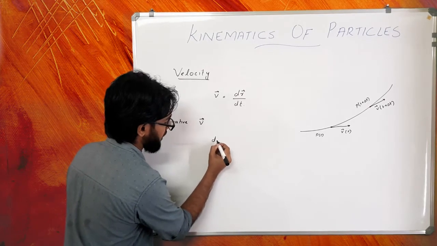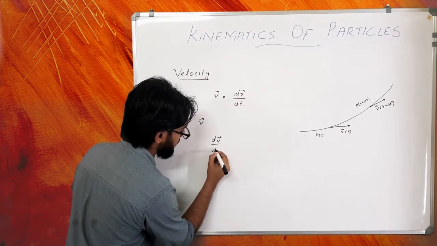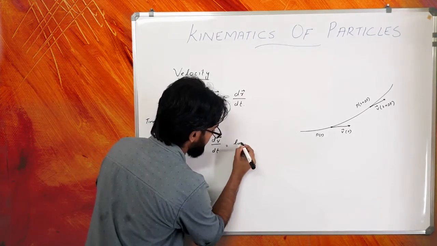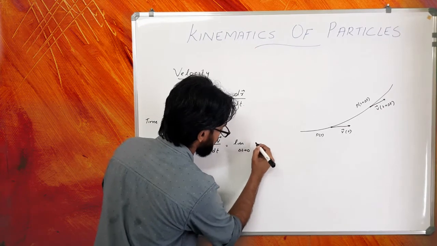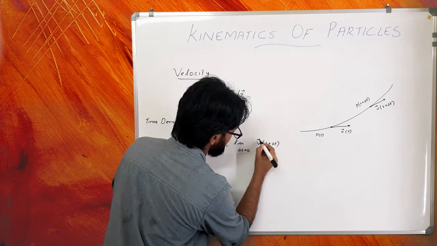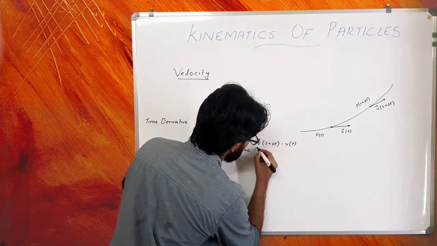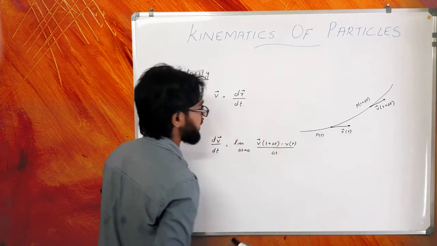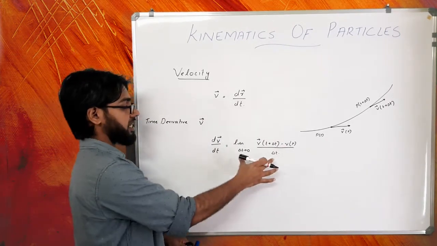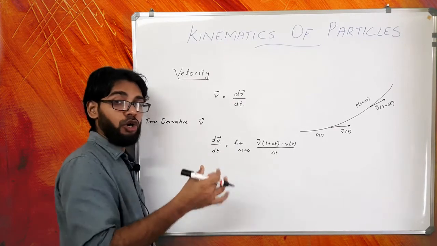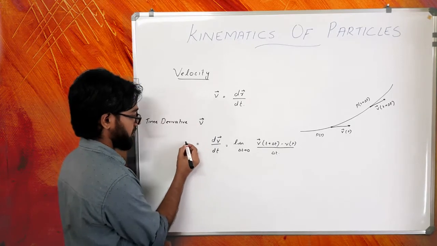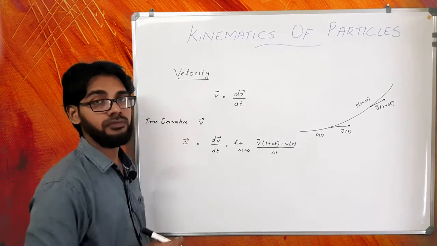So dv by dt will be limit delta t tends to 0, v of t plus delta t minus v of t divided by delta t. This corresponding term, the time rate of change of velocity, is termed as acceleration.